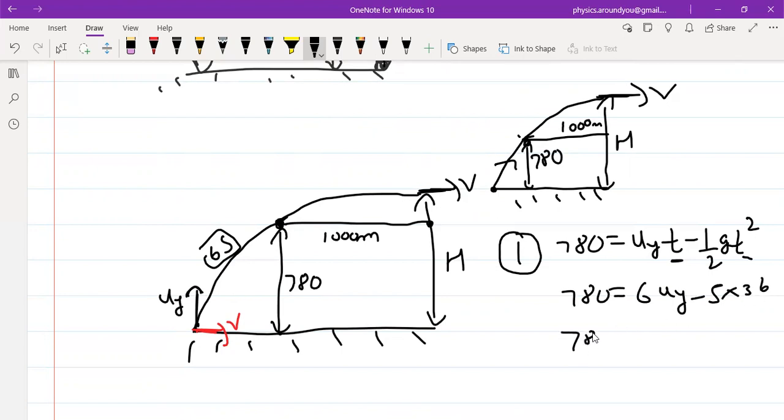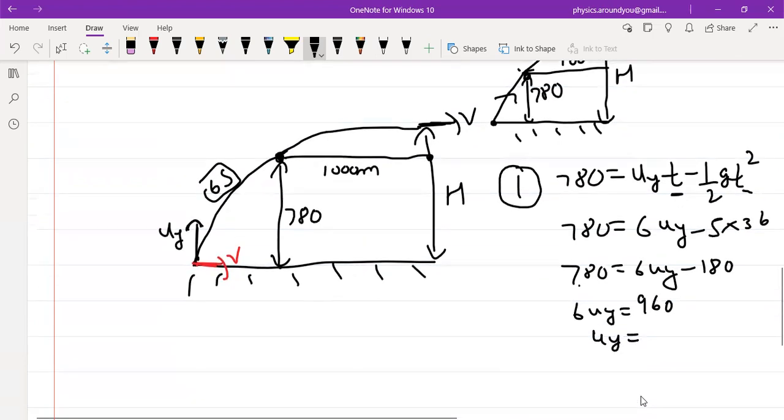So it would be 780 equal to 6uy minus 180. That would give 6uy to be 780 plus 180, which is going to be 960 approx.